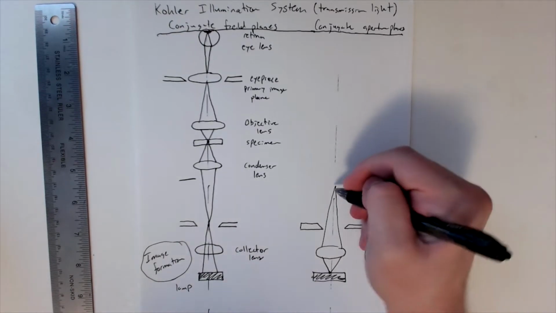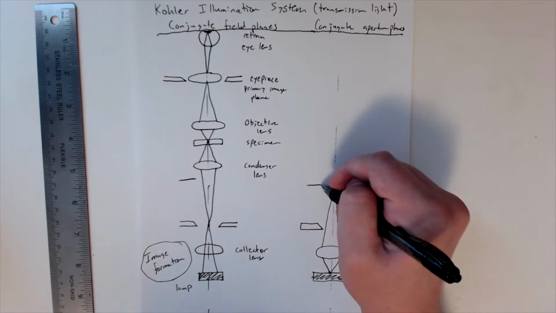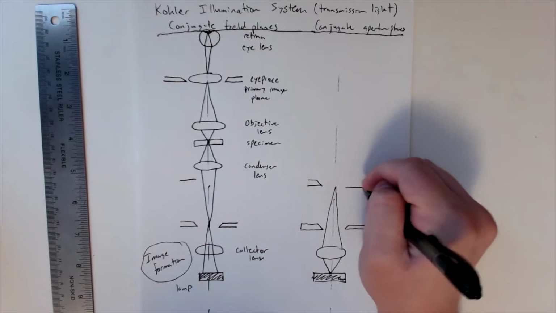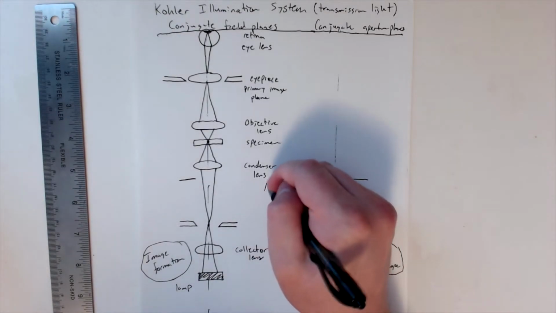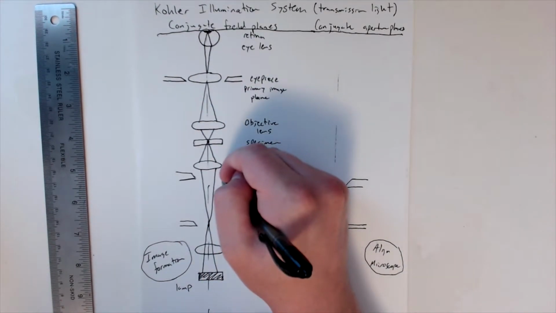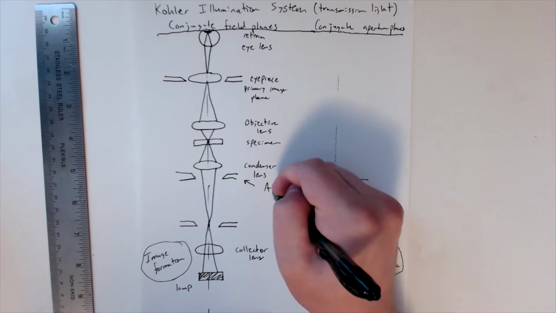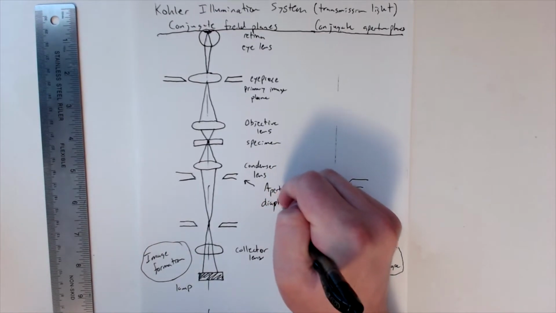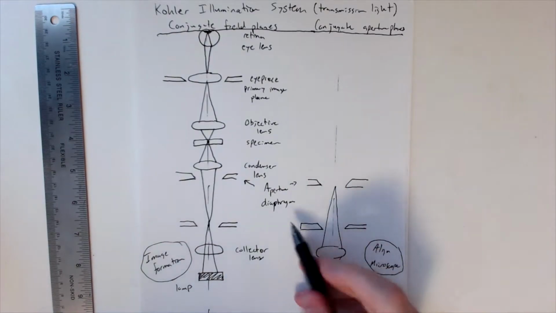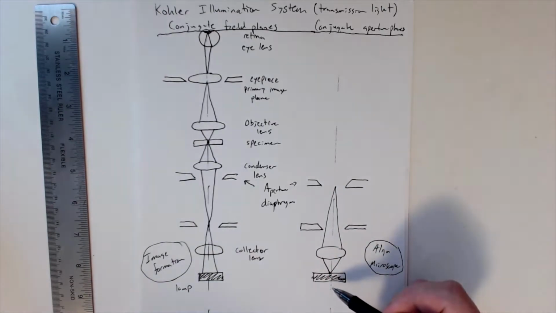And where that focal point is now is where the additional aperture is. So this is referred to, and I'll draw it over here as well and point to it, this is the aperture diaphragm. So this is the aperture diaphragm, and it's at a point where that light converges in this mode.